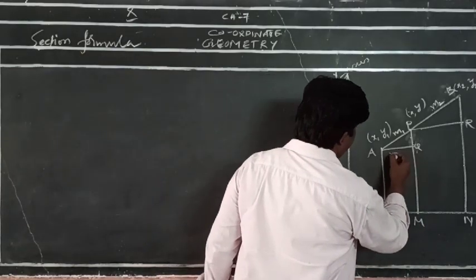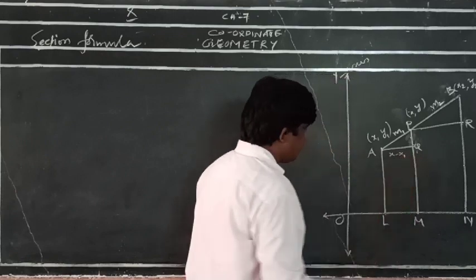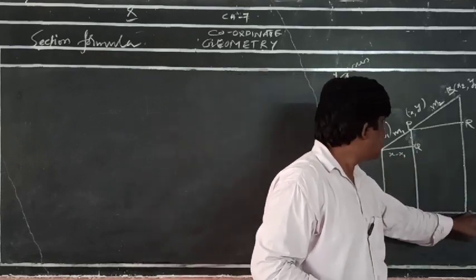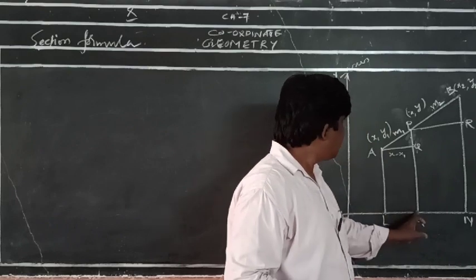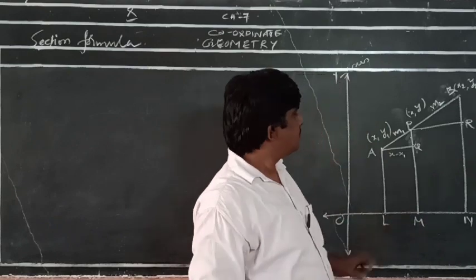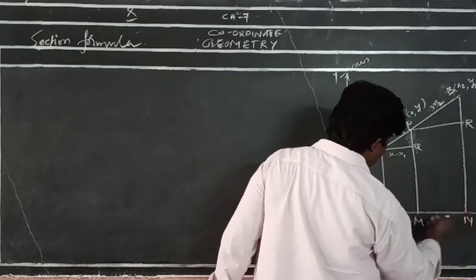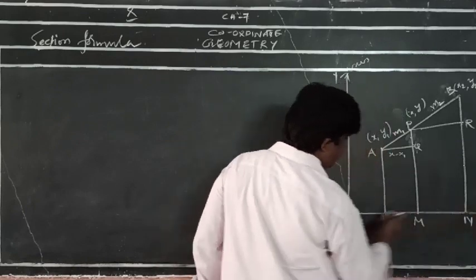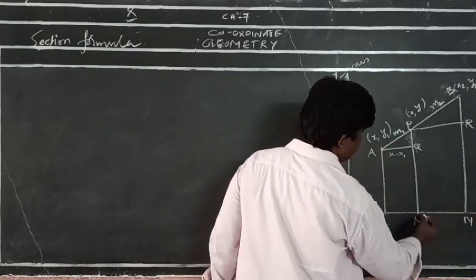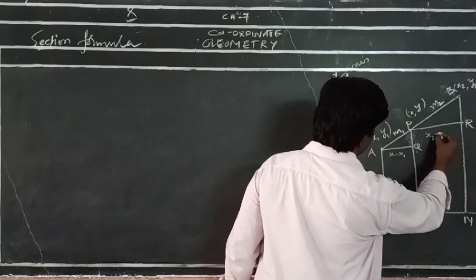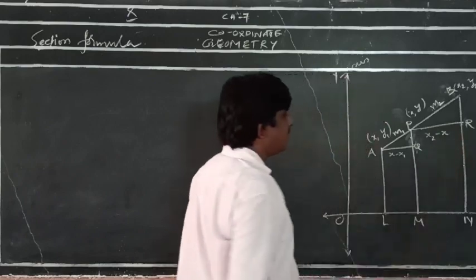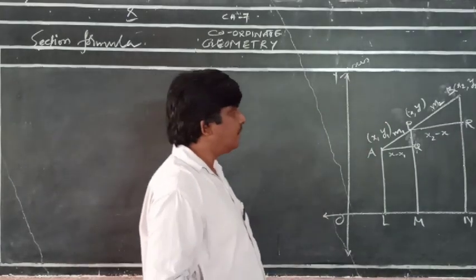So this is x minus x1. In the same manner, here to here distance is x2 and here to here distance is x. Therefore, the measure MN is OM minus ON. That means x2 minus x is the distance of PR.